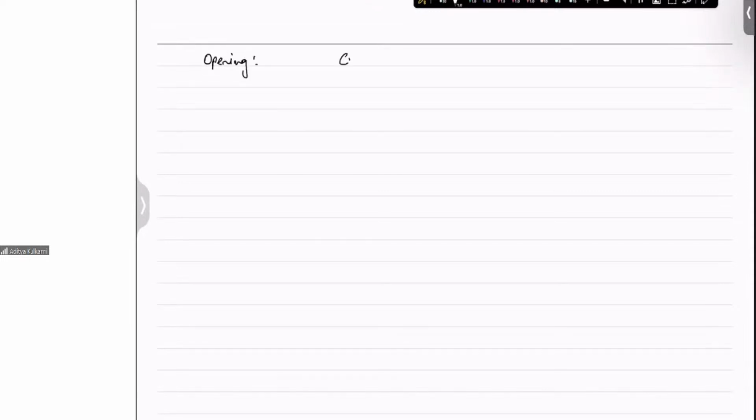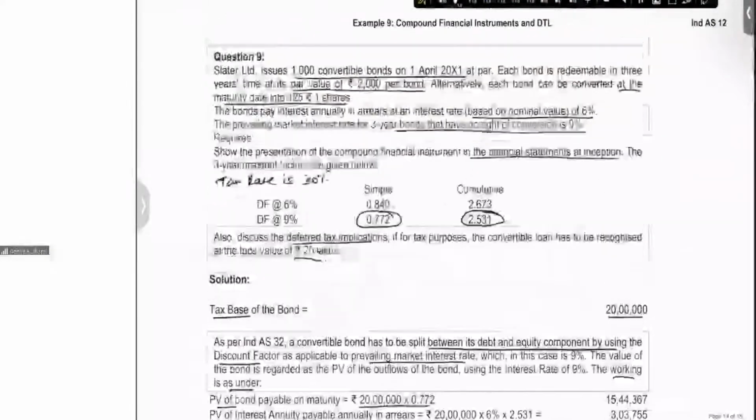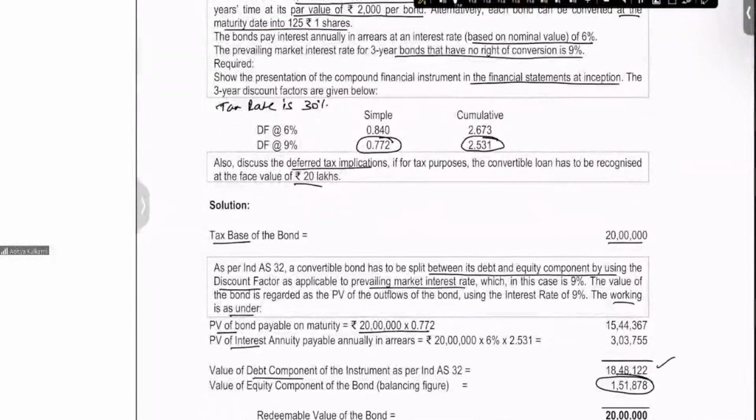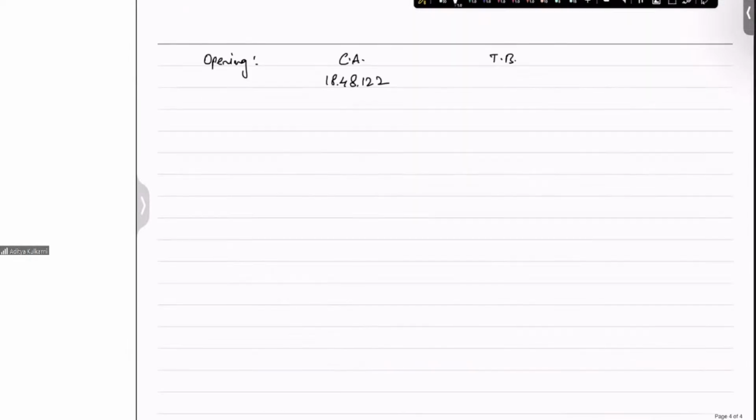Opening carrying amount was 18,48,122. Sir, where has this come from? This has come from this working. You have understood this working. So 18,48,122. What is my tax base? Sir, my tax base is 20 lakhs.